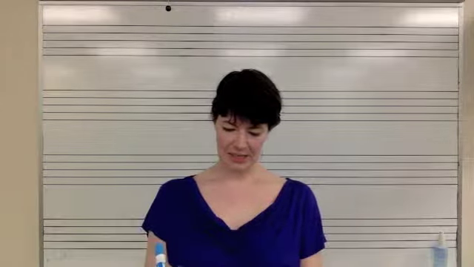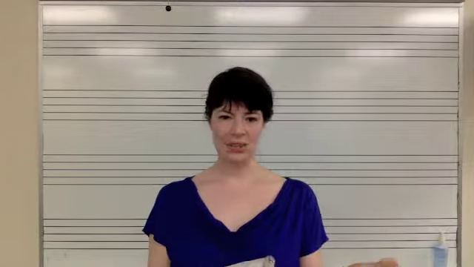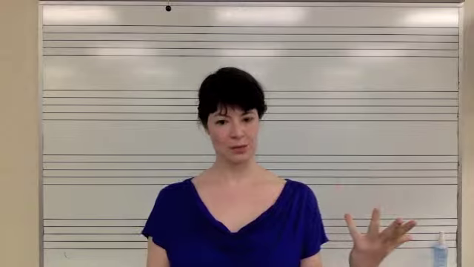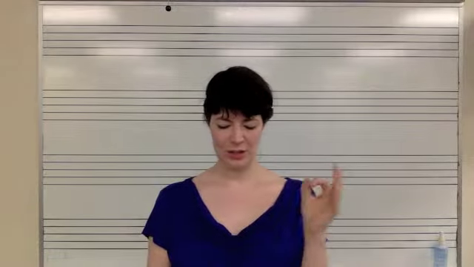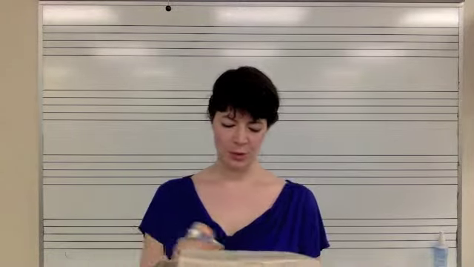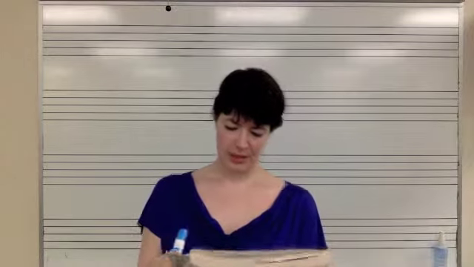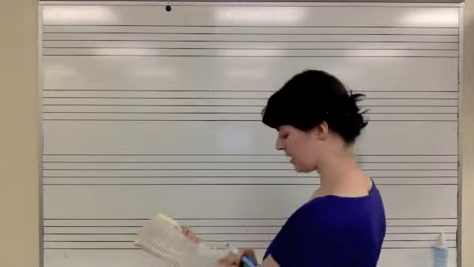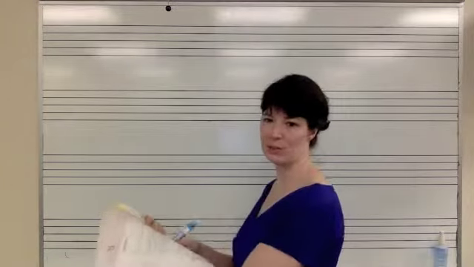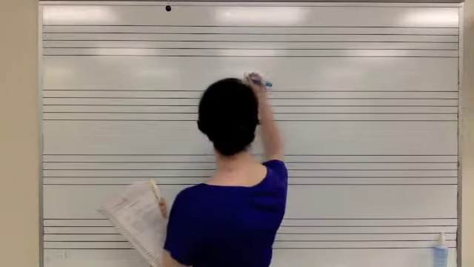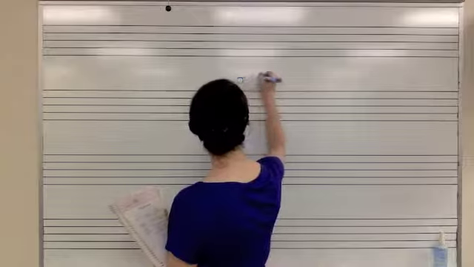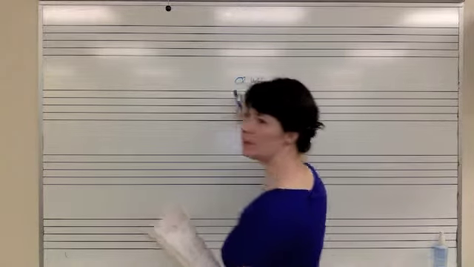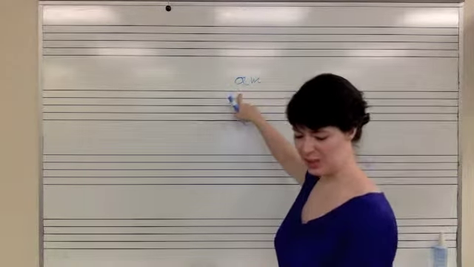So modulations all occur between closely related keys. This is the first thing to know. So what a closely related key is, if we have the key of, say, like in 15.1, A minor, right? It's going to go to its sister keys.